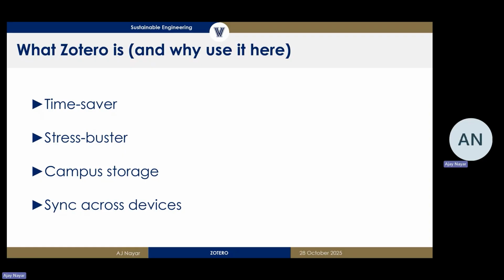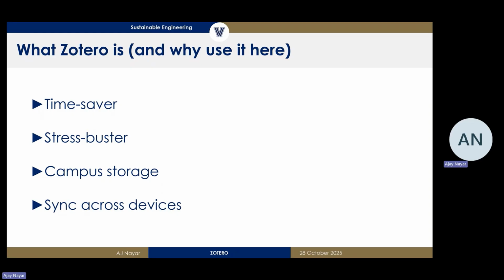Now, what is Zotero, and why should we use it for our works? Zotero is a reference manager. It's not strictly required for research writing, but it's a major time saver and a stress buster. There are so many different types of reference managers out there, and if you must, use any.